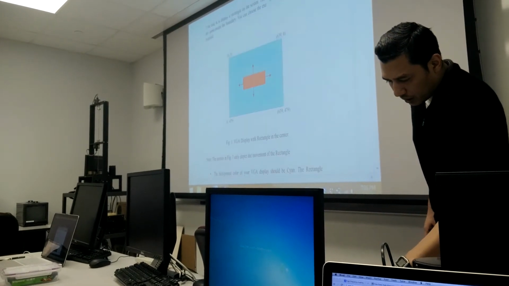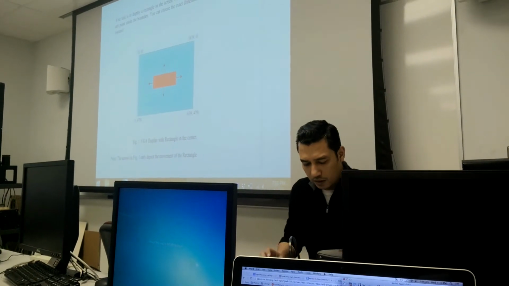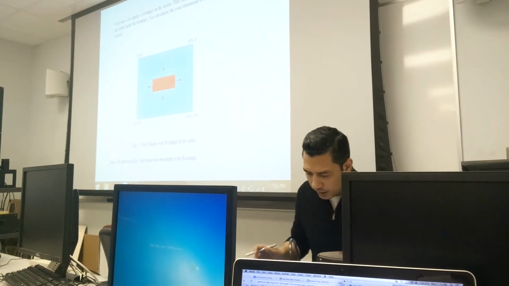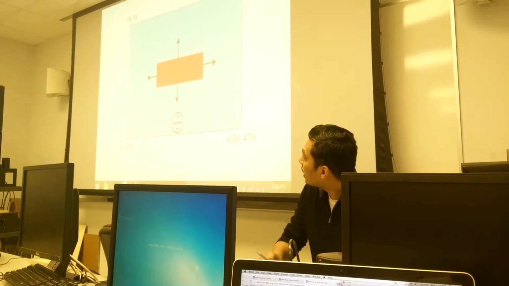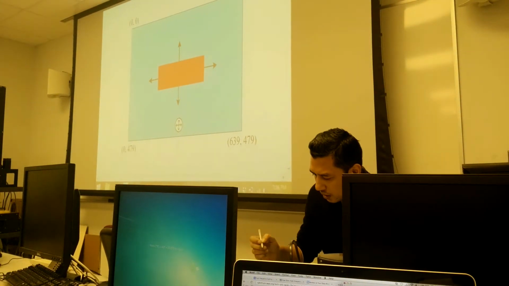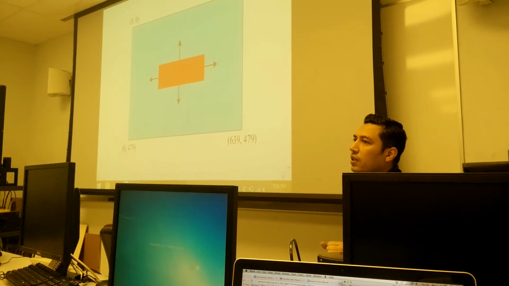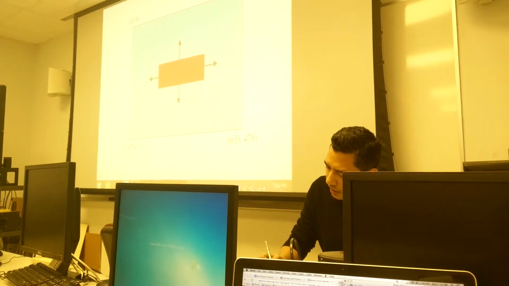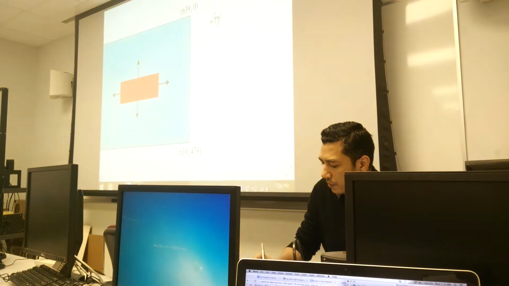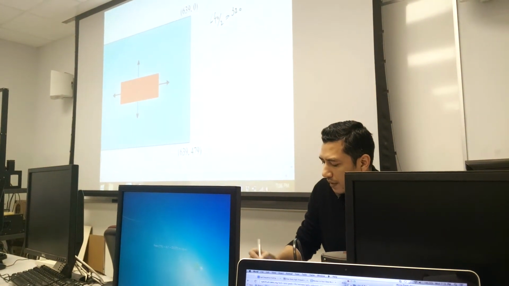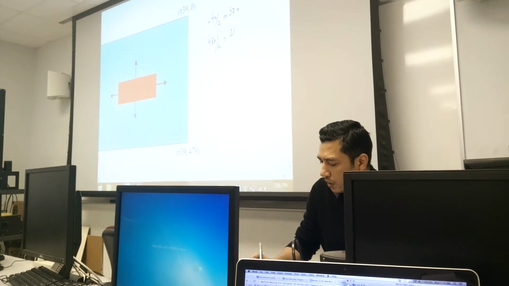Let me give you some information on this. First of all, let me expand this one. What's the center point in here? 320, yeah, so it's going to be 640 divided by 2, which is 320, and then 480 divided by 2, which is 240.